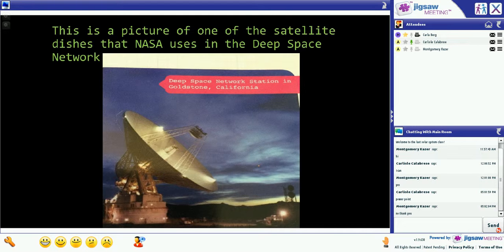As you can see in this picture of one of the Deep Space Network dishes, the dish is curved into a shape referred to as a parabolic shape, so the signals can be caught easily and then gathered into the center of the dish to be picked up by the focal point called the focus in the center of the dish.